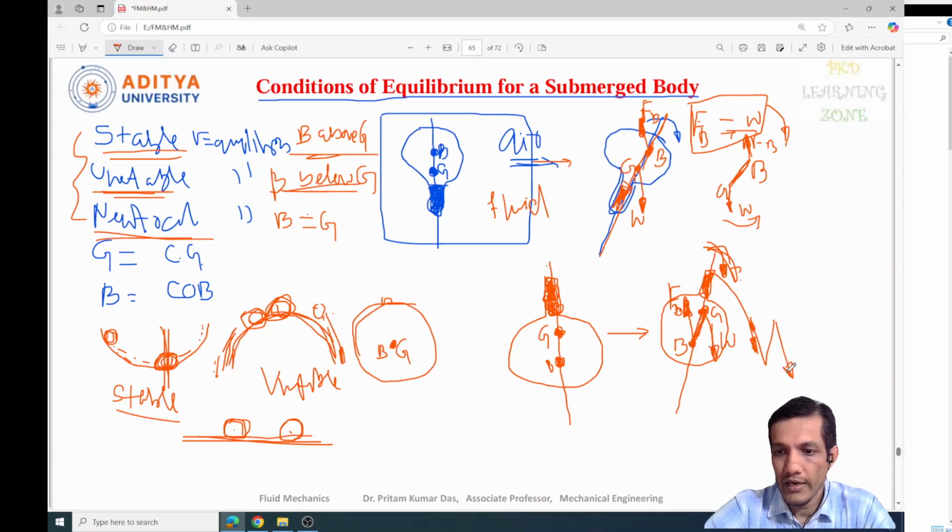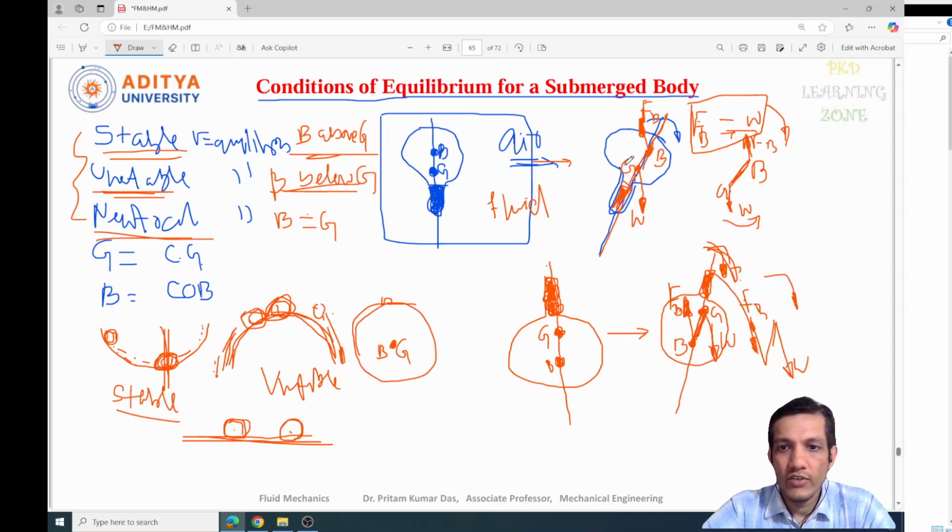If you see A, B and G, there is a couple formation, and due to that, W and FB act in the clockwise direction. You have rotated this body in the clockwise direction, and these both are also acting in the clockwise direction. So this body cannot go back to the original position, and that is called an unstable equilibrium.